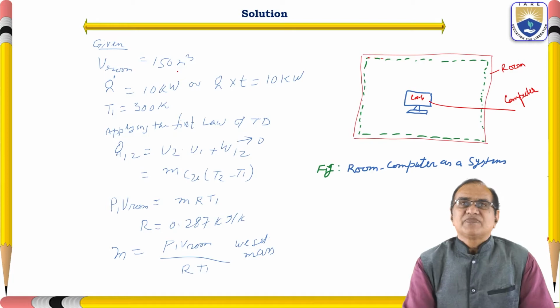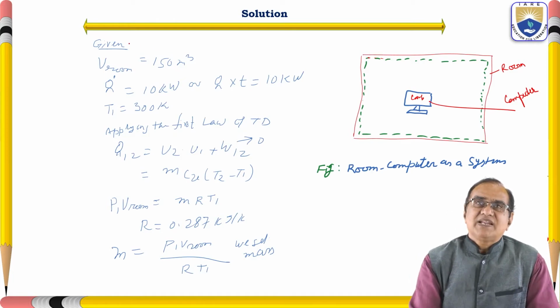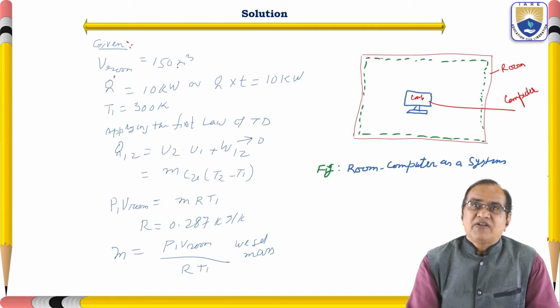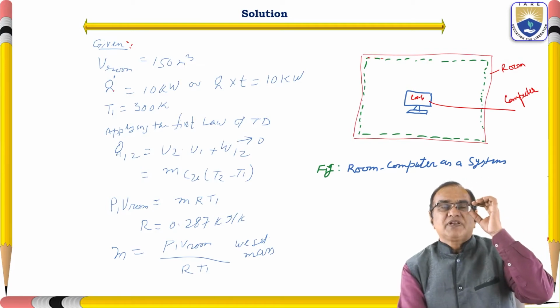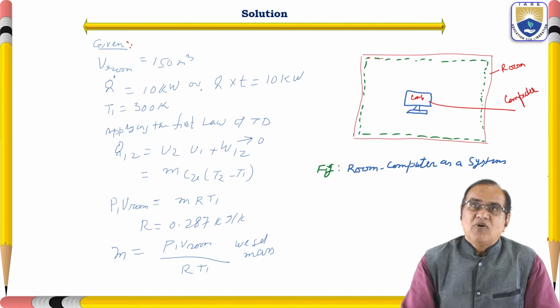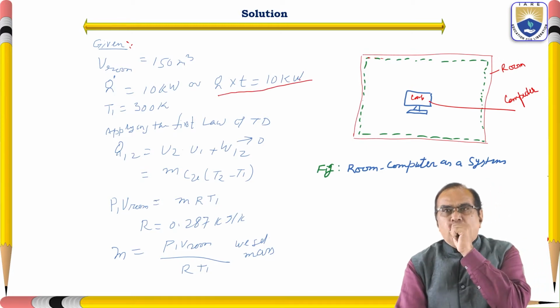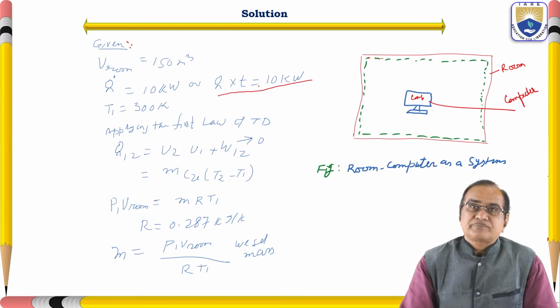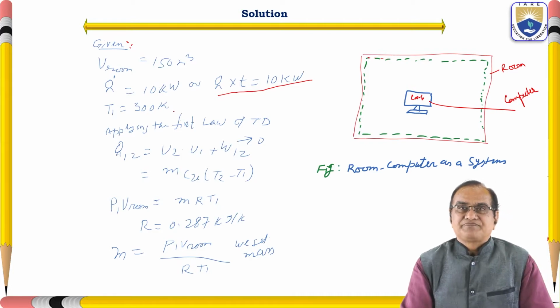So in this problem, the given parameters are V room, the volume of the room, given as 150 meter cube. The Q dot, heat transfer per unit time, is 10 kilowatt, or we can write Q dot into t is 10 kilowatt, where t is the time, and T1 is the temperature which is given as 300 Kelvin.